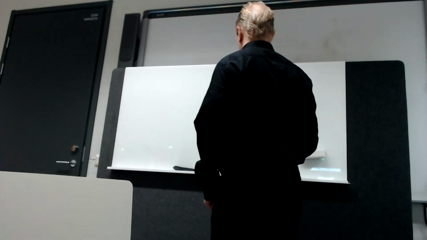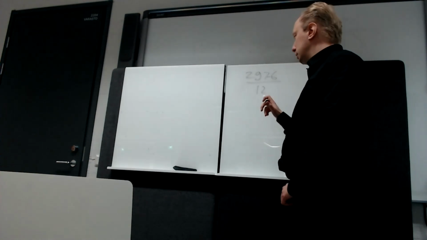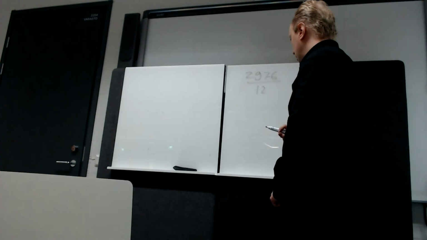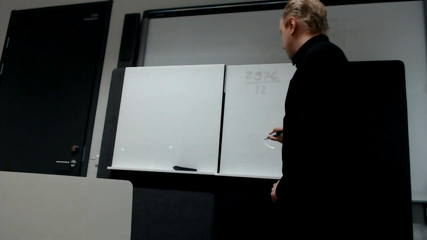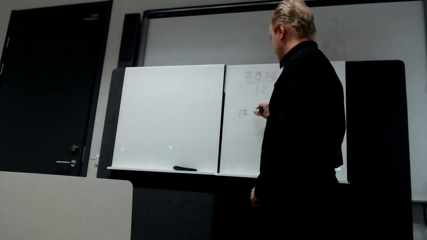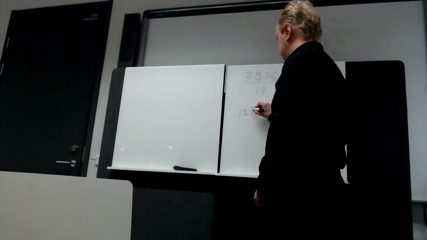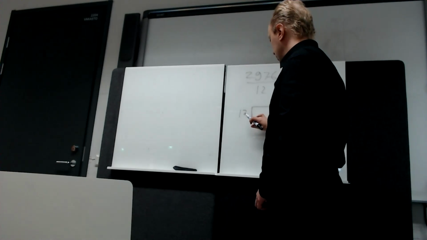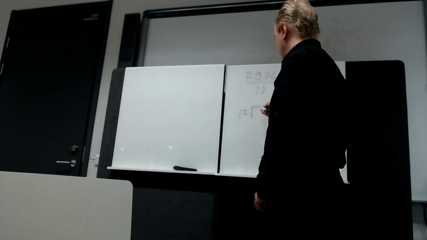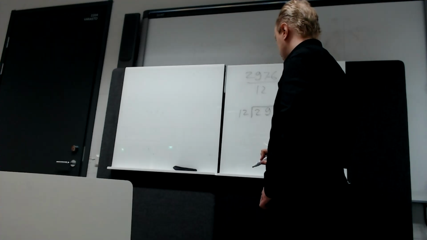Of course with calculators it is more or less trivial, but the old school way of doing this would be we write 12 here, and then we put this, in Finnish we call this the division angle, and we write 2976 here.